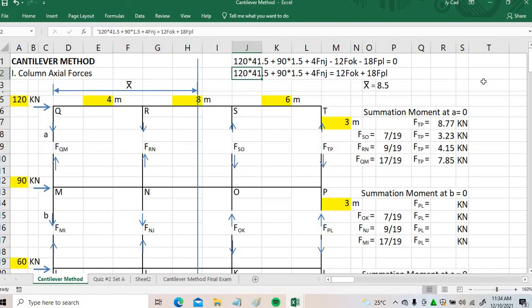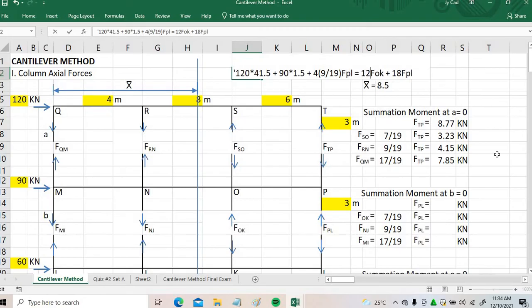Now what is FNJ? FNJ is 9 over 19 times FPL. Okay, so palitan na natin ito. FNJ is 9 over 19 times FPL. Tapos si FOK is 7 over 19 times FPL.